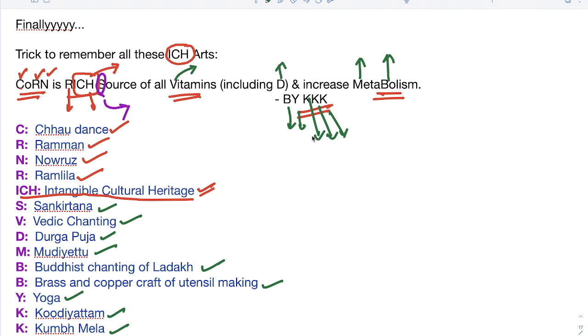And you may get a question directly that which of the Indian forms are not included in the Intangible Cultural Heritage of UNESCO. So if you remember these capital letters, you can eliminate all the things, and the one which is not in this list is the correct answer, because the question is which is not included. And which of the following art forms are included? 1, 2, 3, 4 given, and the options are 1 and 2, 1, 2, 3, 4, like that.